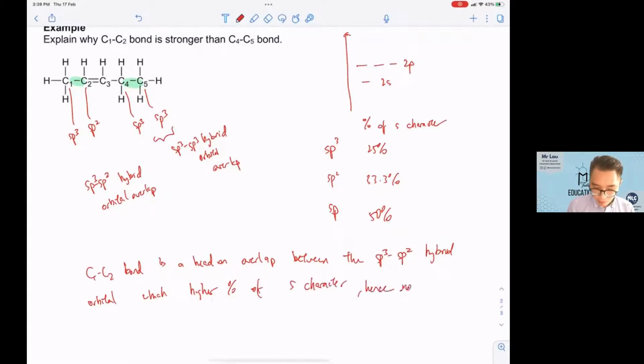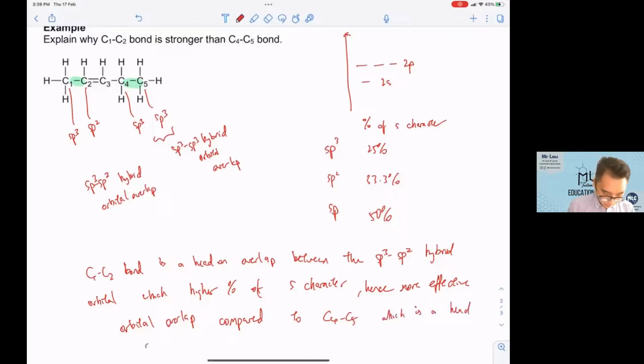Hence, more effective orbital overlap compared to C4, C5, which is a head-on overlap between sp3 and sp3 hybrid orbitals.